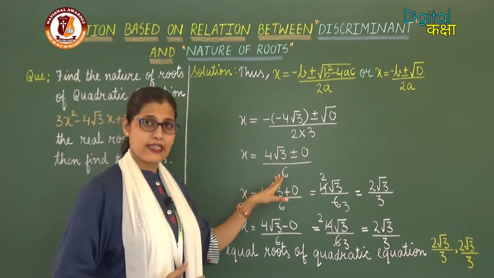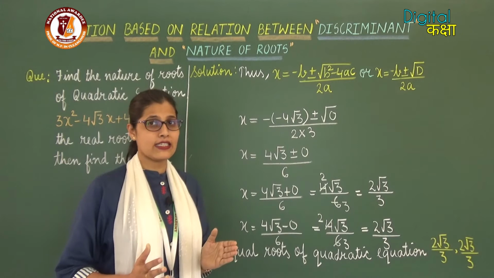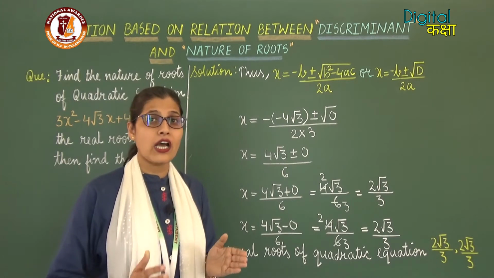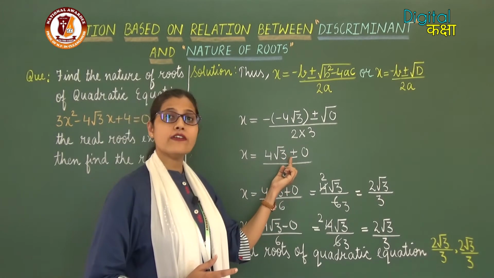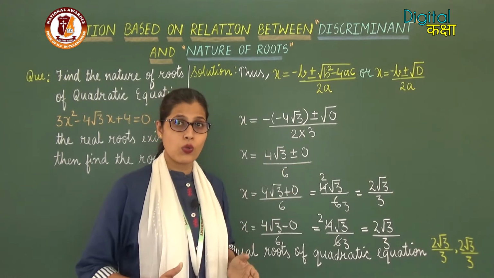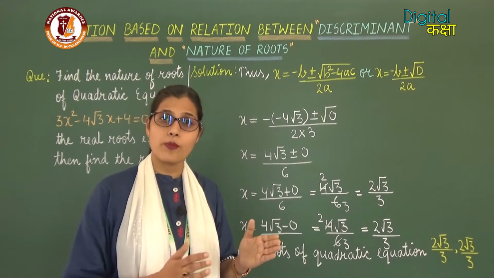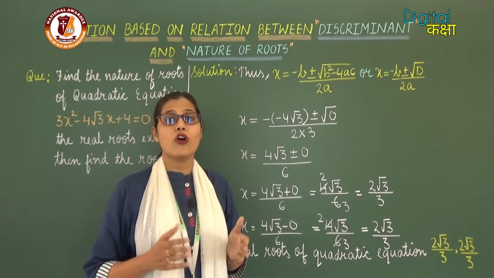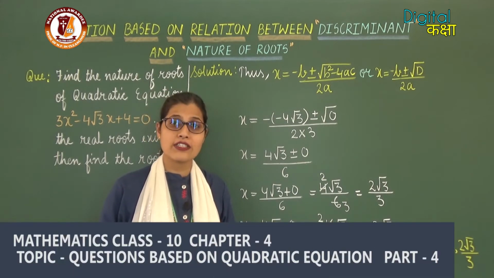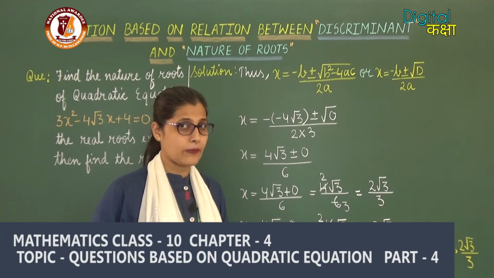As you can see in the formula, we are having positive and negative sign. So for the first root, we will be considering the positive sign, and for the second root, we will be considering the negative sign.